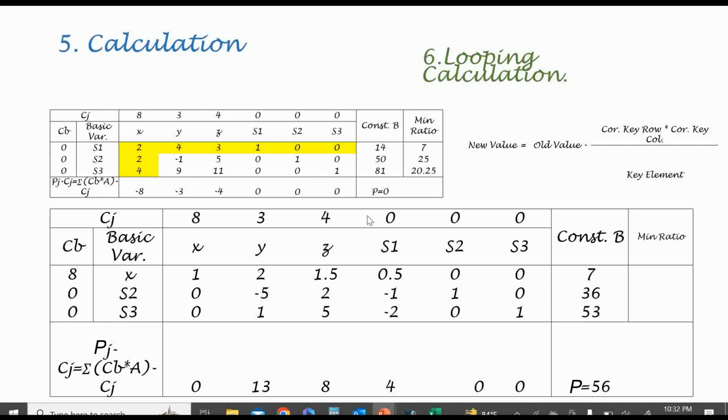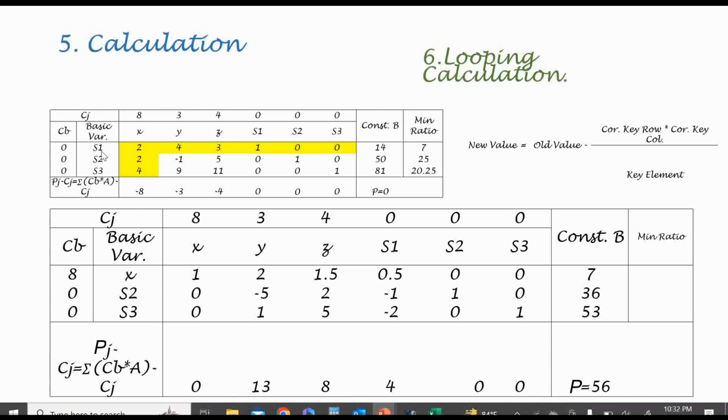Okay, now for the others, we have our next solution. So here we need to understand about entering variable and leaving variable. As S1, it has the value of 0, and it is on the key row, and X, it has the lowest value or highest negative value, and it is on the key column.